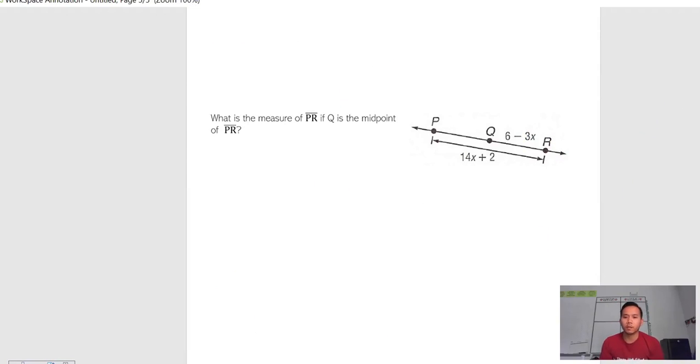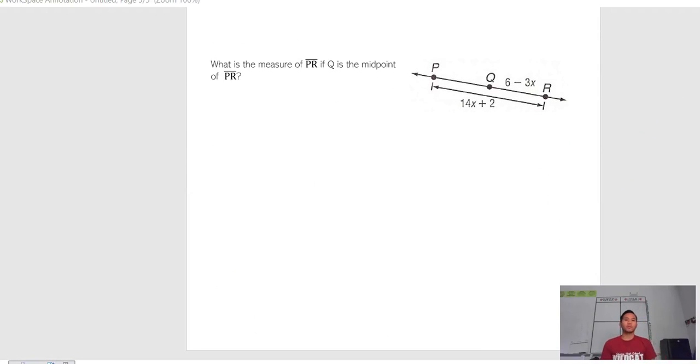Ooh, this is interesting. So what is the measurement of PR if Q is the midpoint of PR? So again, Q is used as a midpoint. Again, midpoint, it's the middle point, meaning it divides the segment into two equal parts. I'll repeat, two equal parts.